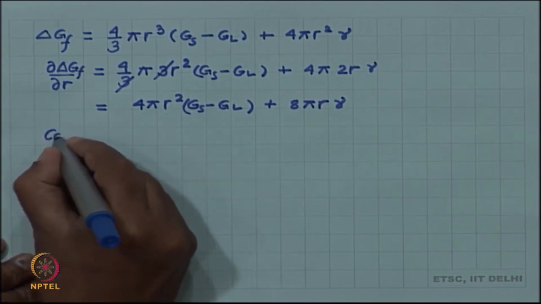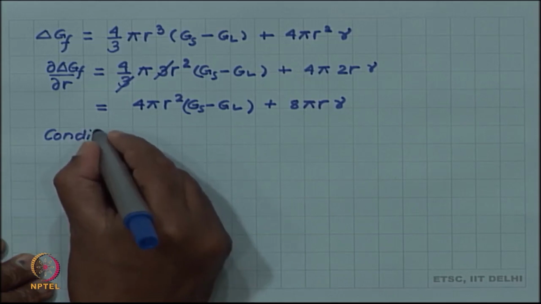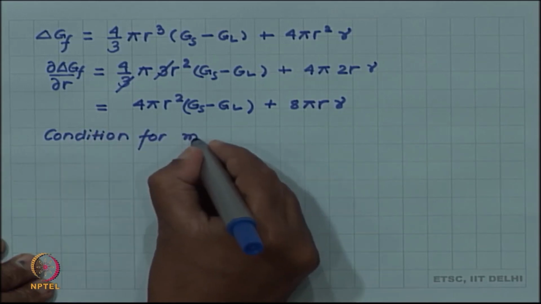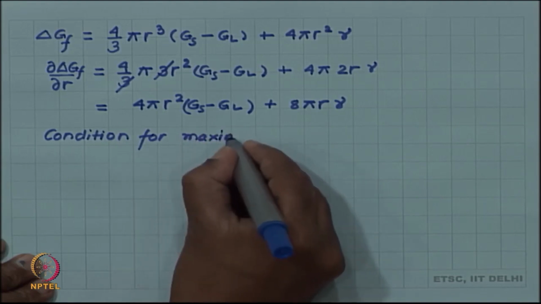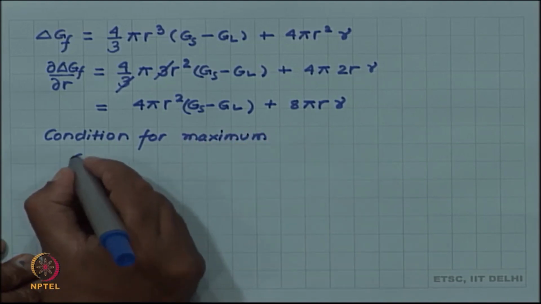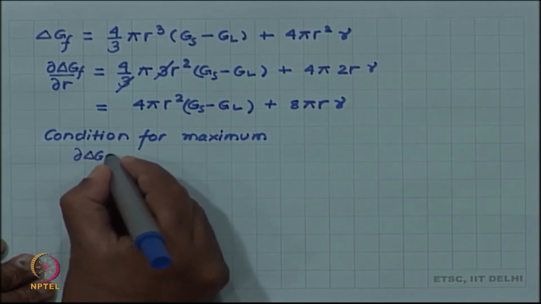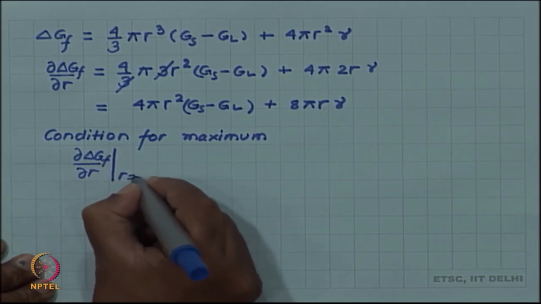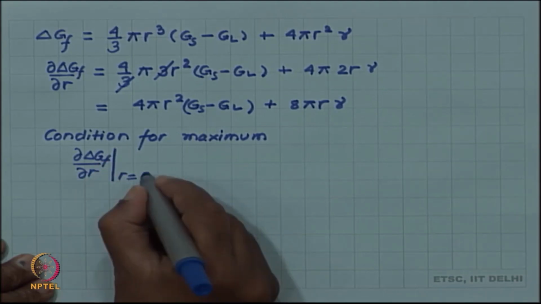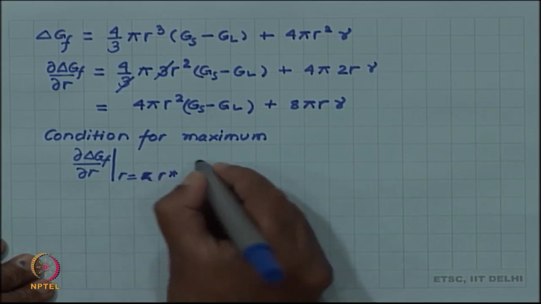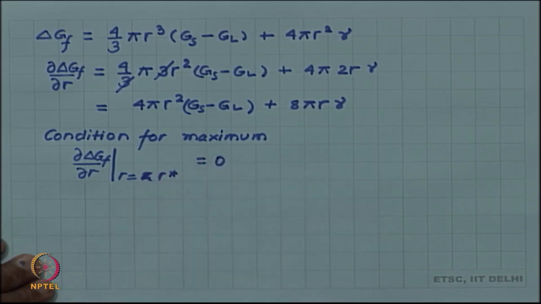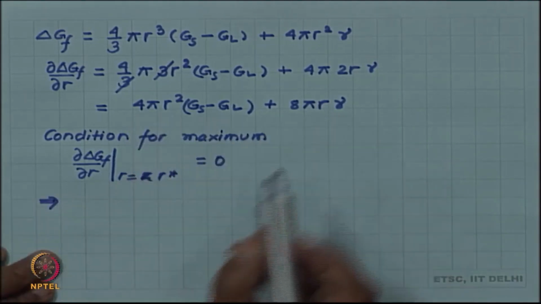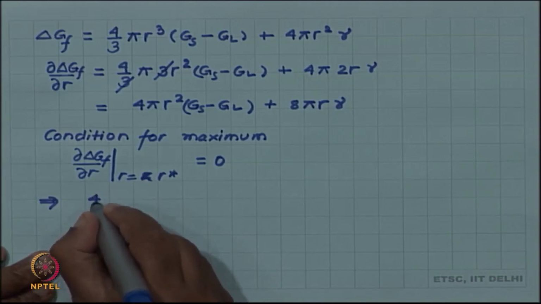Now, we apply the condition for maximum, which is del delta Gf by del R at R is equal to R star is equal to 0. So, which means I substitute R star in this expression and set it to 0.